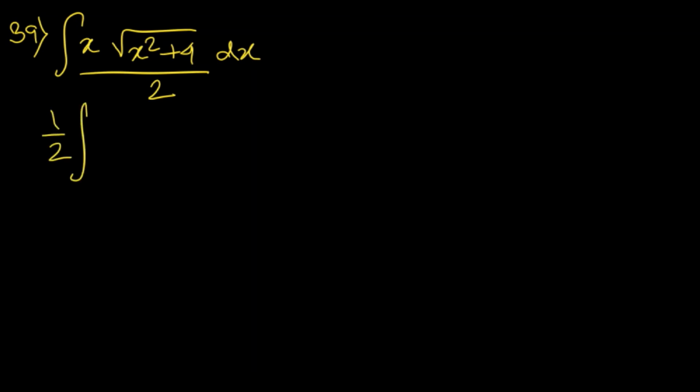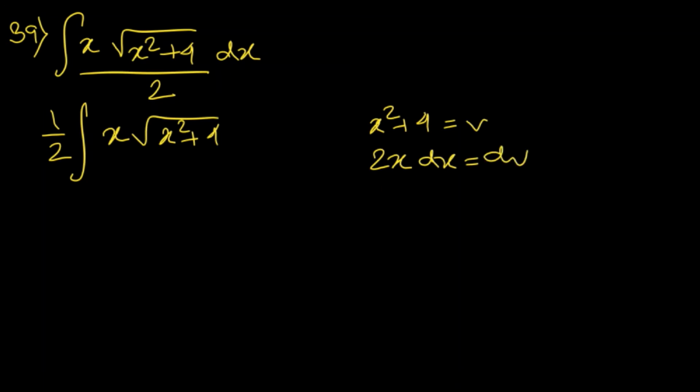Integration of x root x square plus 4 by 2 dx. Obviously the denominator is a constant term, it comes out of the integration, and we are left with x root x square plus 4. We take x square plus 4 as v, so we are left with 2x dx is equal to dv.